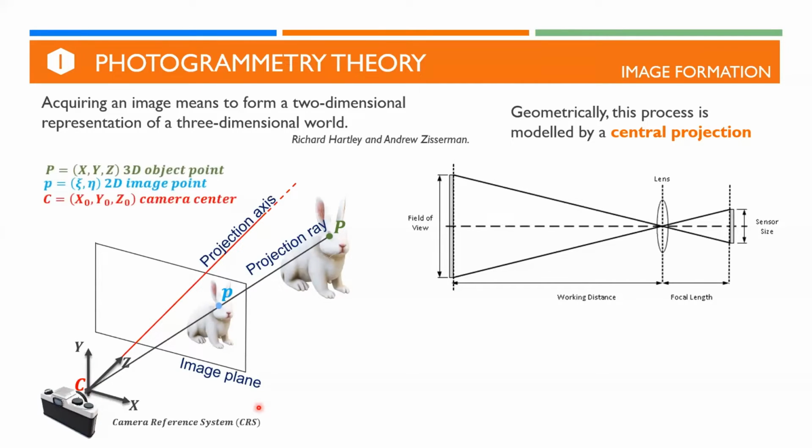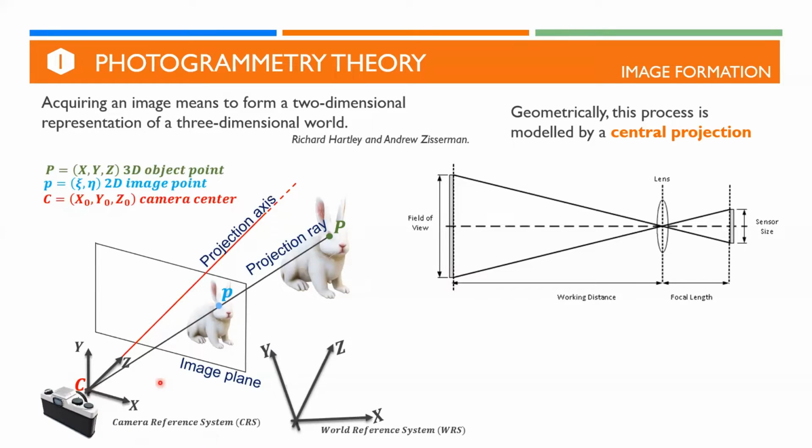What we have to take into account is that P, of course, is a 3D object point, so it has three different coordinates. Then we have p, which is a 2D image point, so it has other coordinates, which in this case are Xi and Eta. And then we have C, the camera center, with our other coordinates.